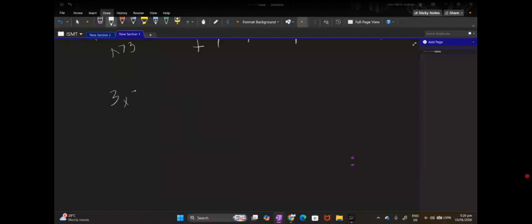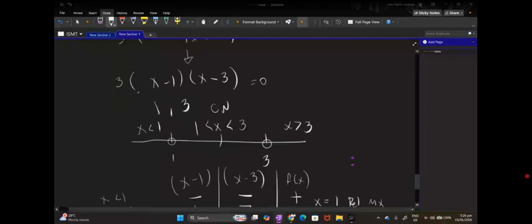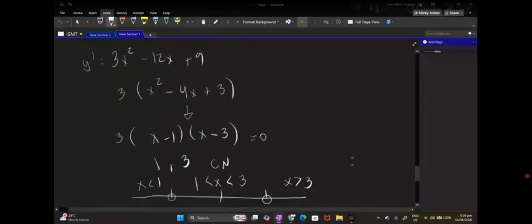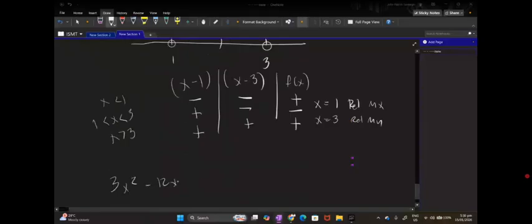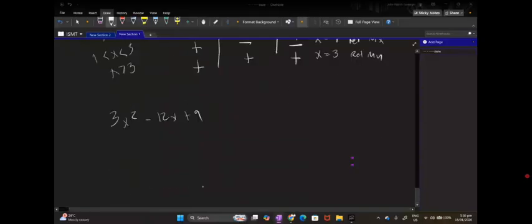Ito yung original natin. 3x squared minus 12x plus 9. So, let's get the second derivative. So, 3 times 2, it's 6x minus 12.